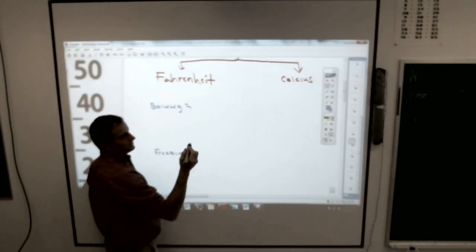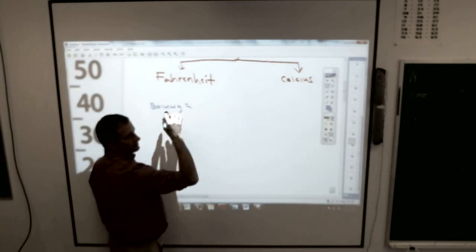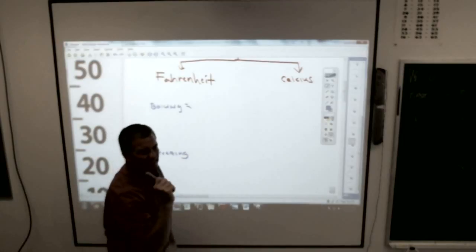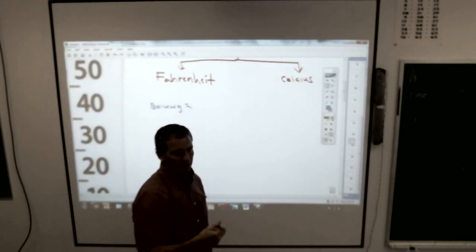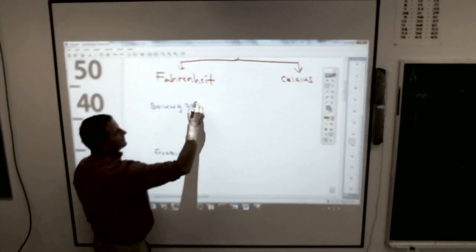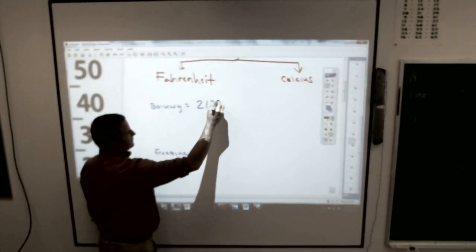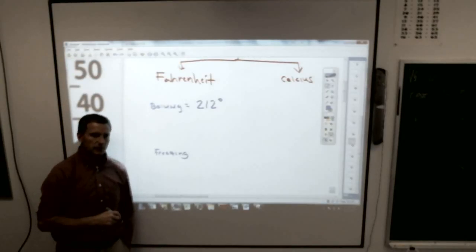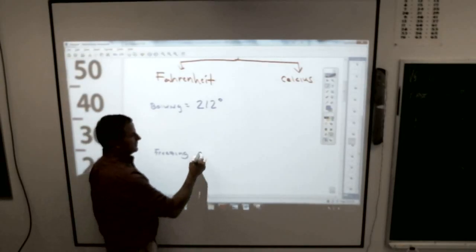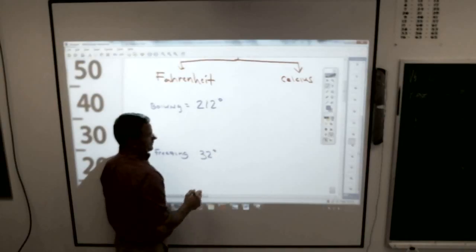Connor? Fahrenheit is 101 degrees. Nope. See, that's why our system is so goofy. It's 212 degrees. And water freezes at, John, 32 degrees Fahrenheit.